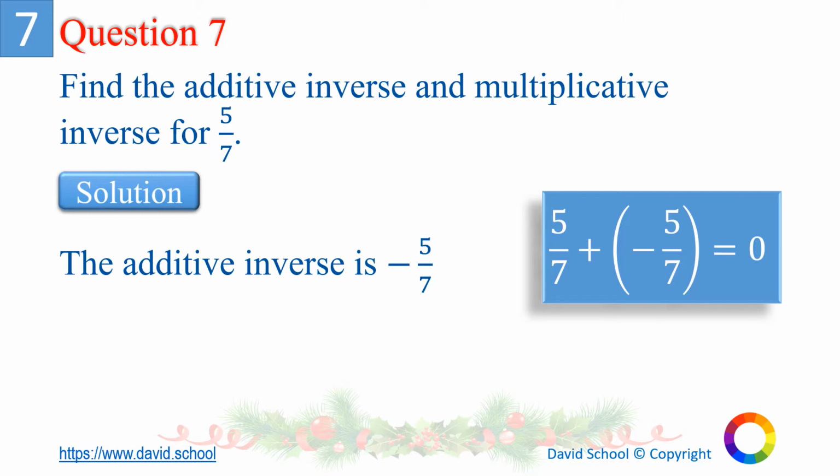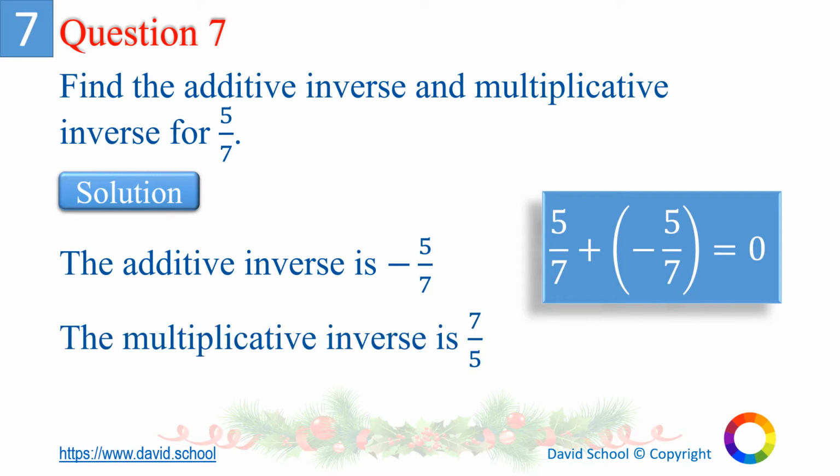In order to find the multiplicative inverse, flip the number but do not change the sign. The multiplicative inverse of 5 over 7 is 7 over 5. Multiplying a number and its multiplicative inverse gives you the multiplicative identity 1.